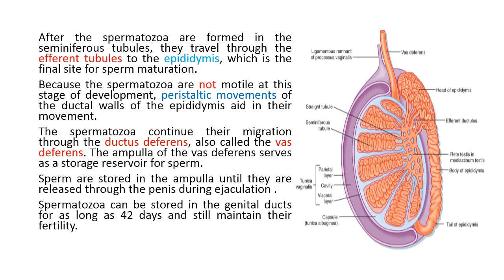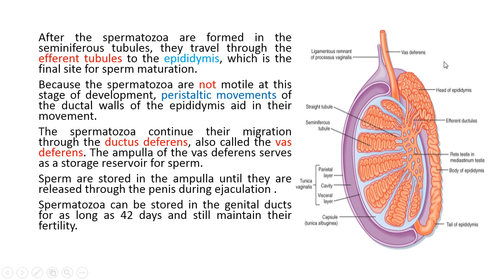The spermatozoa will continue their migration through the ductus deferens, or vas deferens. As you can see, this is the head of the epididymis, and this is the tail, and this is the vas deferens, which passes behind the seminiferous tubules.